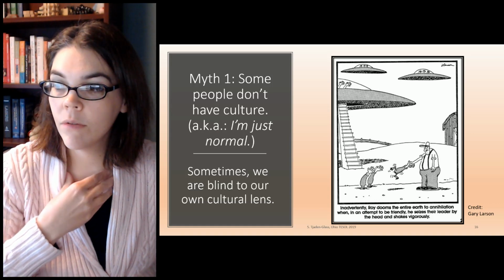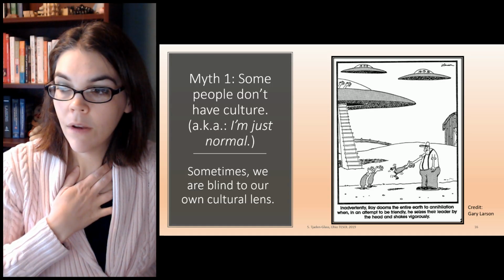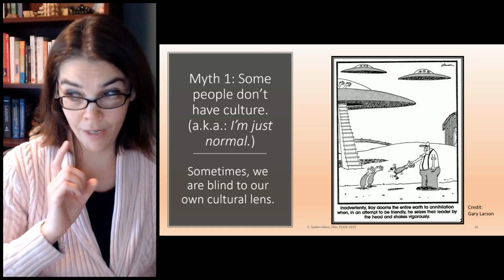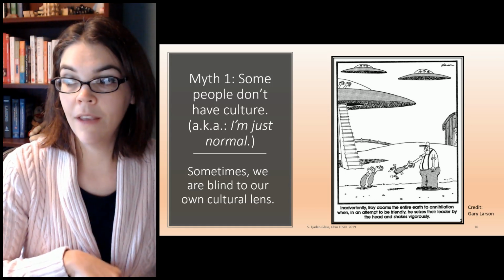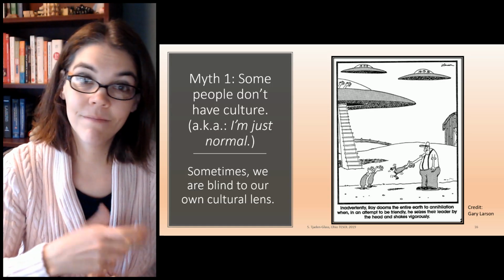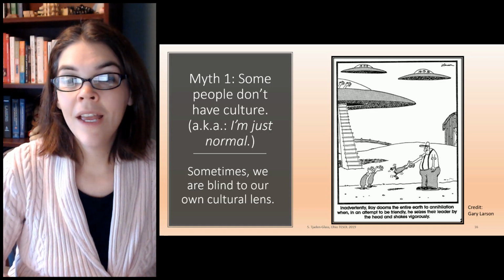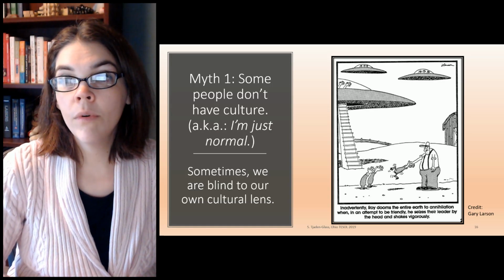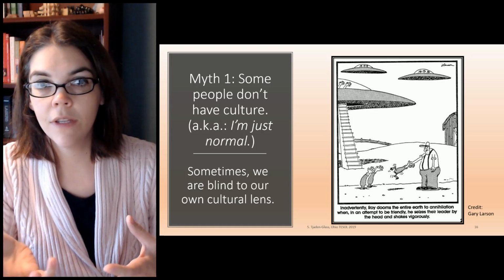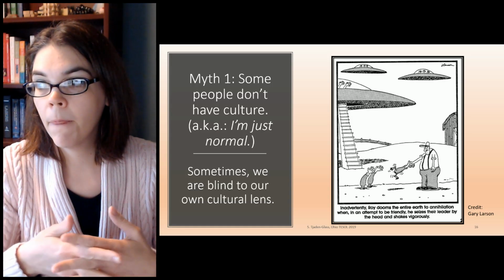And the cartoon reads, "Inadvertently, Roy dooms the entire Earth to annihilation when, in an attempt to be friendly, he seizes their leader by the head and shakes vigorously." So Roy is following his own cultural lens. He doesn't understand that this can be seen differently by another group of people.